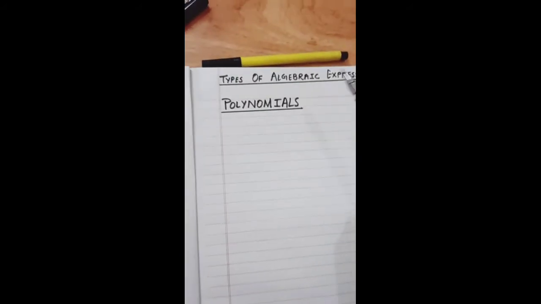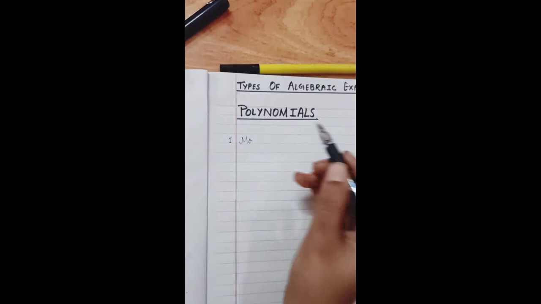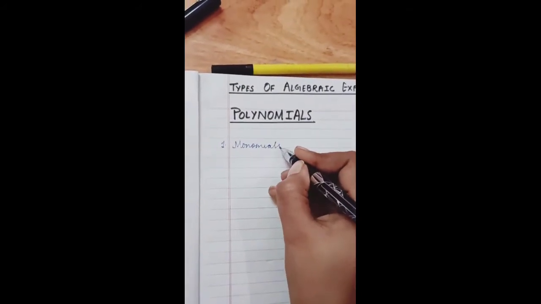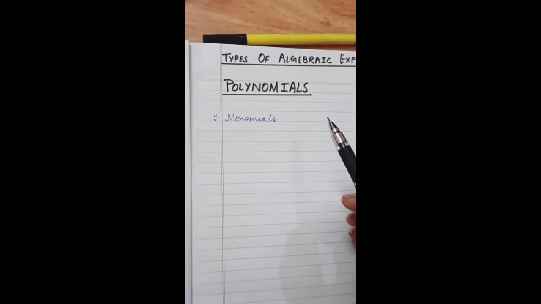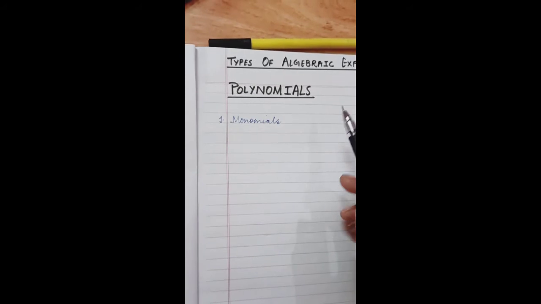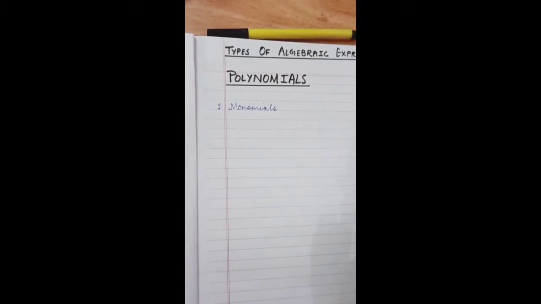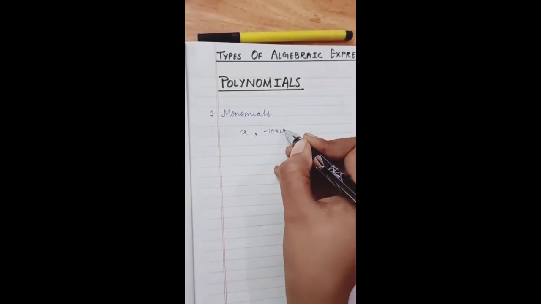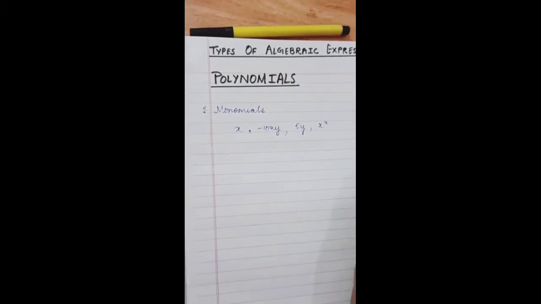Now, types of algebraic expressions. First is monomials. Expressions having a single term with whole number exponents are called monomials. For example, x, minus 10xy, 5y, x to the power 4.